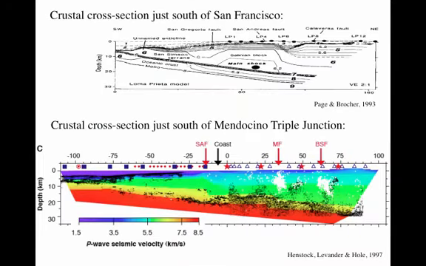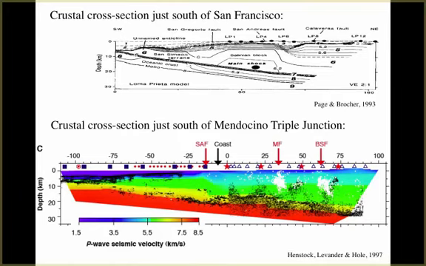Now here we go. This is the cross section just south of San Francisco. We have relics of the subducted oceanic crust, the San Andreas Fault, which looks to me like it's further east than where it's marked, and the Salinian block, which is the offset part of Southern Californian rocks that were brought north along the San Andreas Fault.